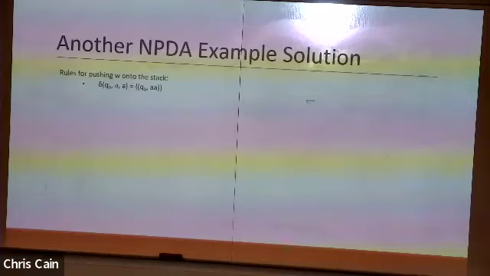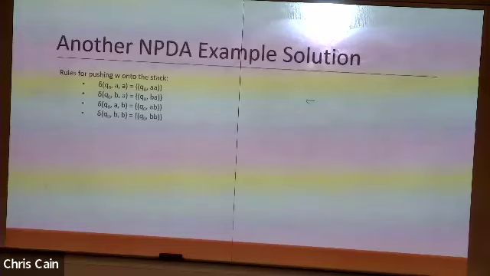If we do that, then we want to pop and push. And that's if an A is on the top of the stack. If we see a B and an A is on the top of the stack, then we need to push the B on top of the A. If we see an A and a B is on top of the stack, we need to push the A. If we see a B and a B is on top of the stack, we need to push the B.